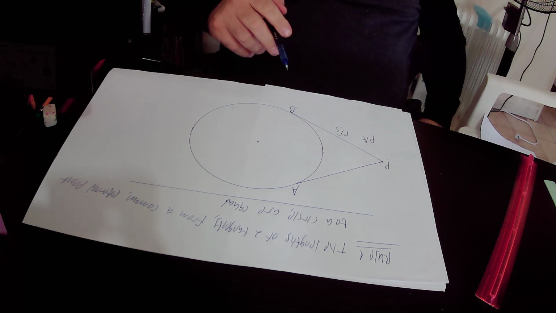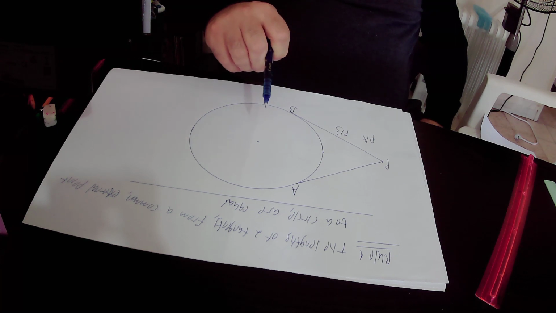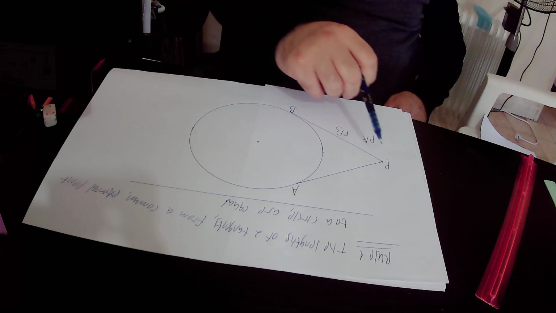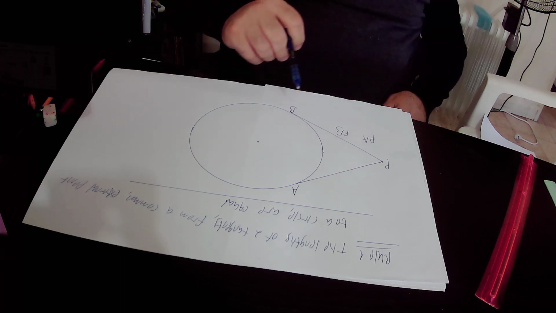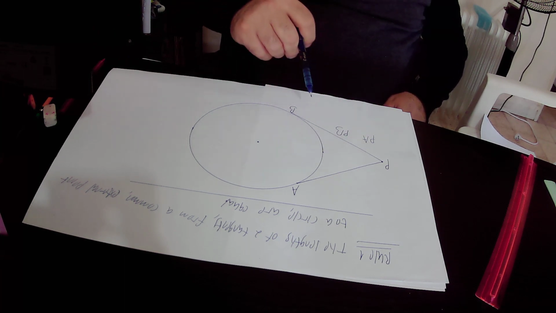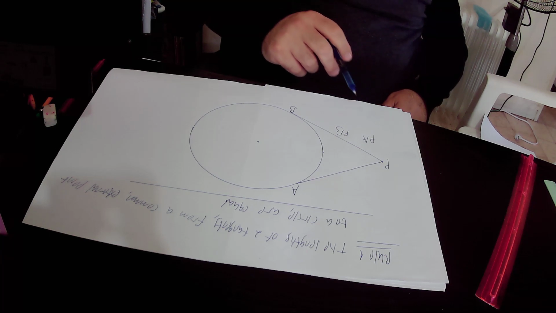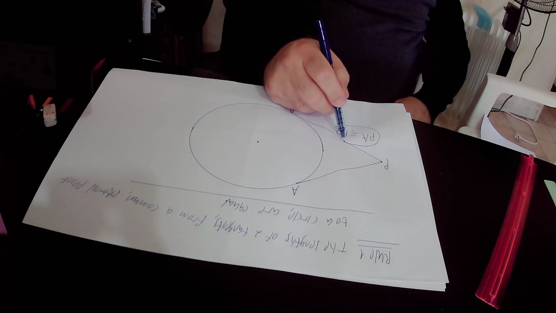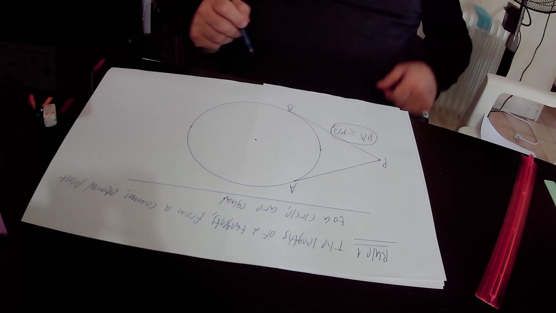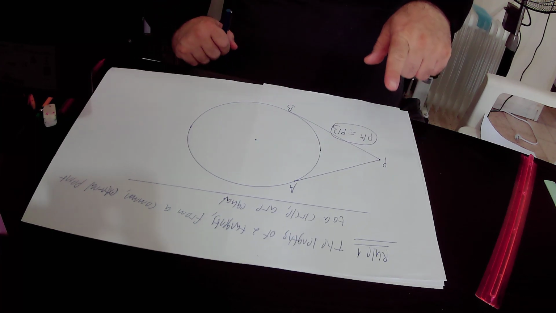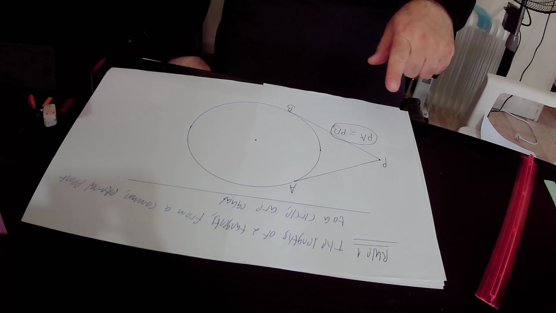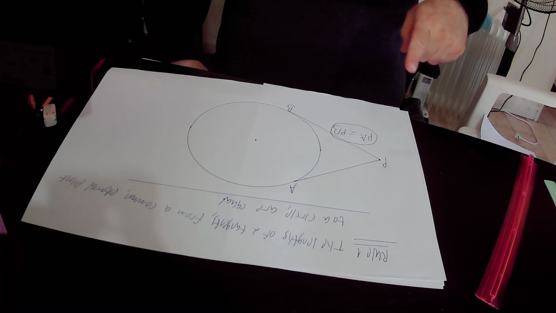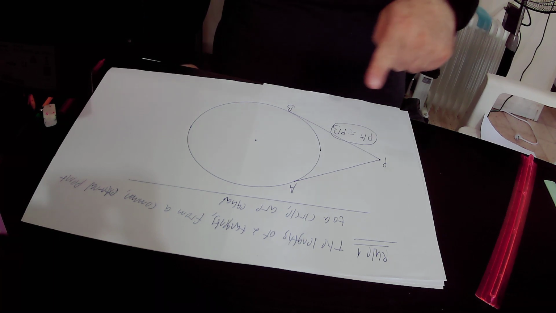And according to rule number 1, the lengths of two tangents from a common external point, that is to say from P to a circle, are equal. That is to say, PA is equal to PB. So whenever you draw two tangents to a circle from a common external point, the lengths of those two tangents will be equal to each other. In this case, PA equals PB.